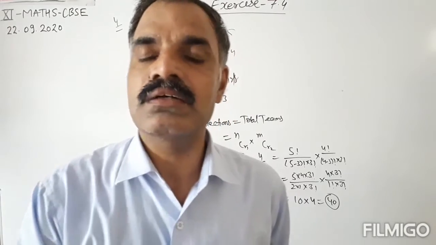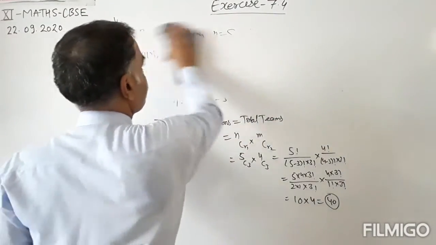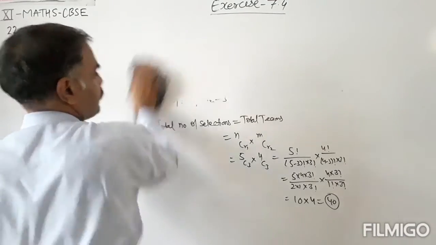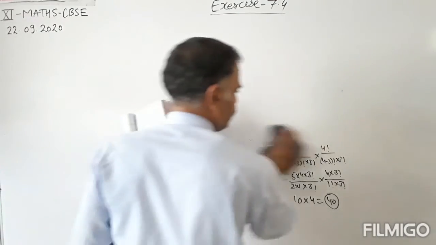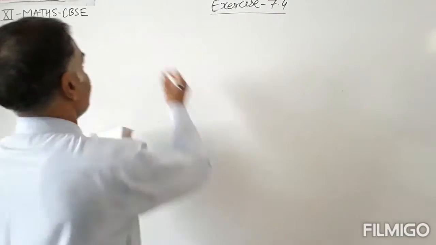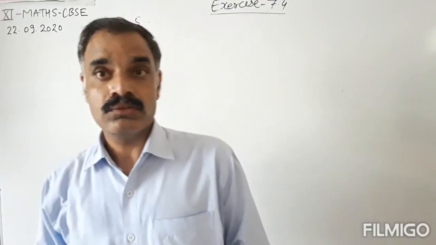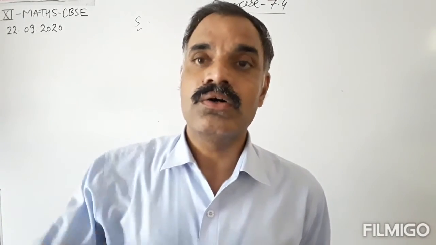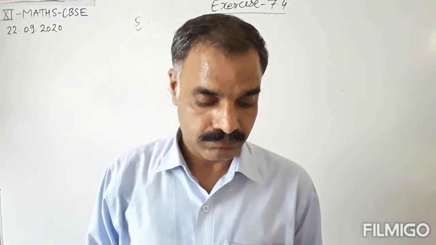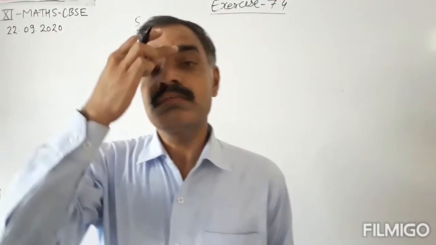Now let us take question number 5 of the exercise 7.4. Question number 5. I am reading the question. Okay, focus your attention or see your notebook. Okay, question number 5.